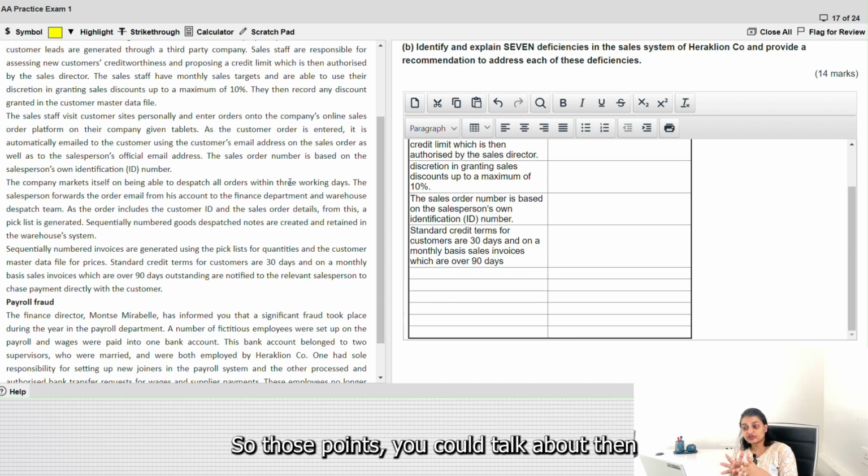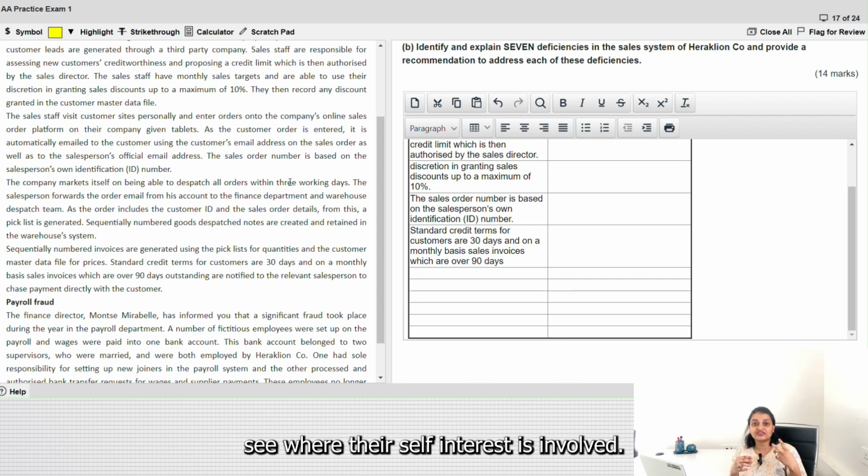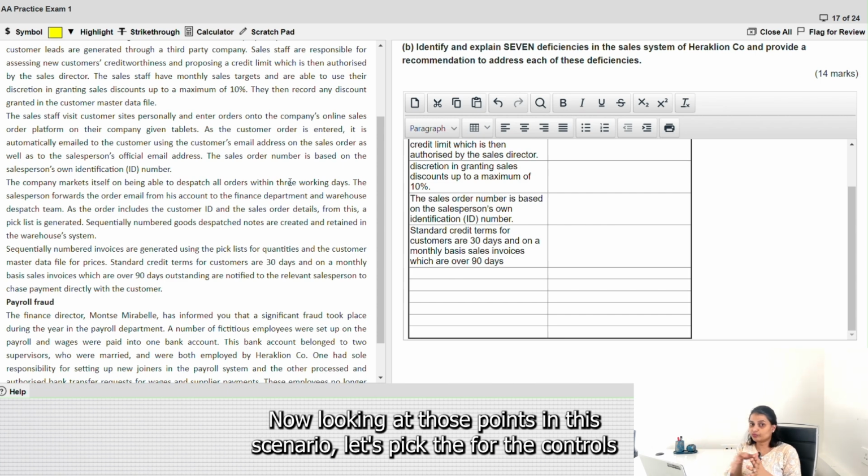Then, in case any staff is being given bonuses, see where their self-interest is involved. They might manipulate, so that's why controls have to be put in place. Now looking at those points in this scenario, let's pick the further controls.